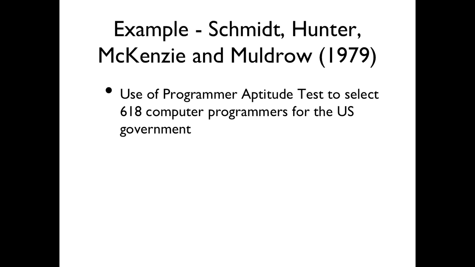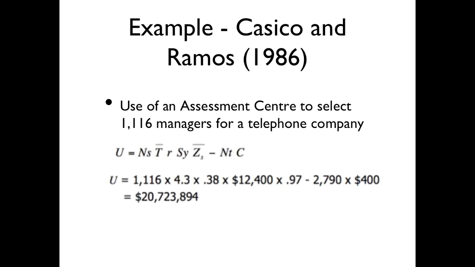You can see how beneficial that would be to the business. Another example is Cascio and Ramos in 1986. They used an assessment center to select 1,116 managers for a telephone company, and there the utility was 20,723,894,000 US dollars.